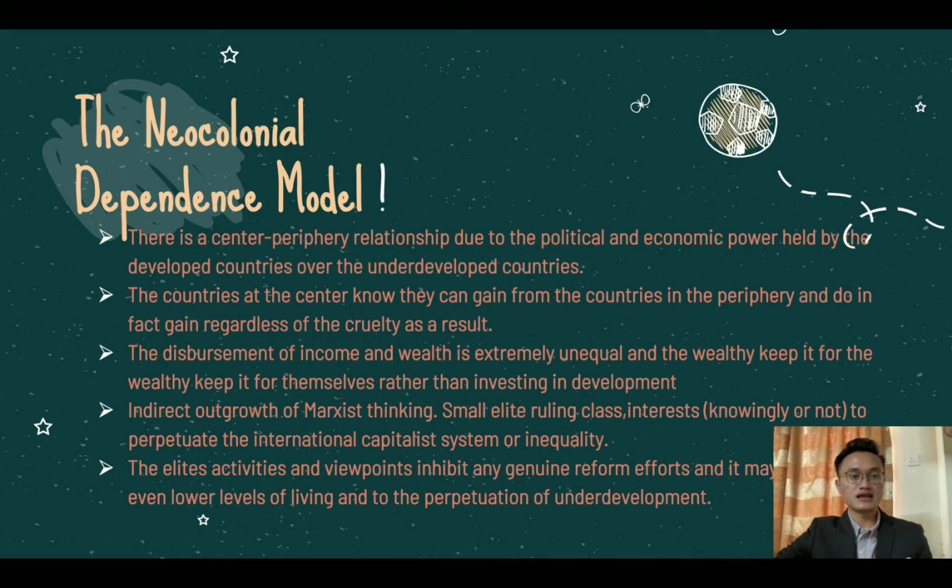The elitist activities and viewpoints inhibit any genuine reform efforts. It may even lower levels of living and perpetuate underdevelopment. So it tells us that there is inequality, and the situation is not the same for the developed and undeveloped country.